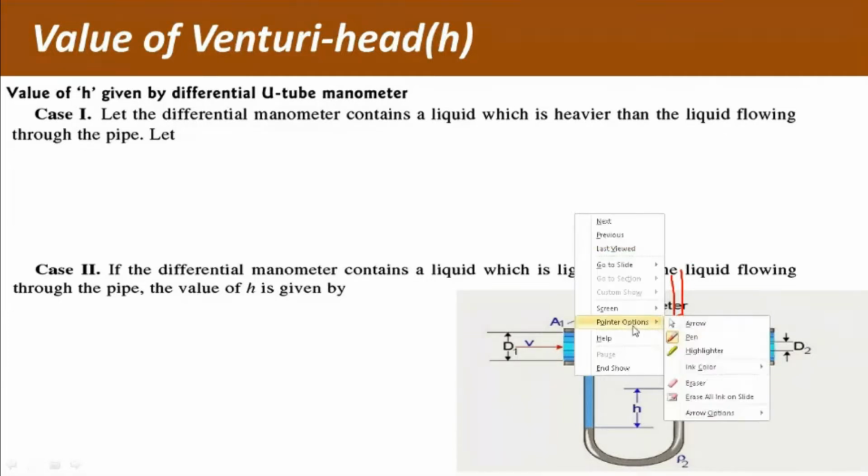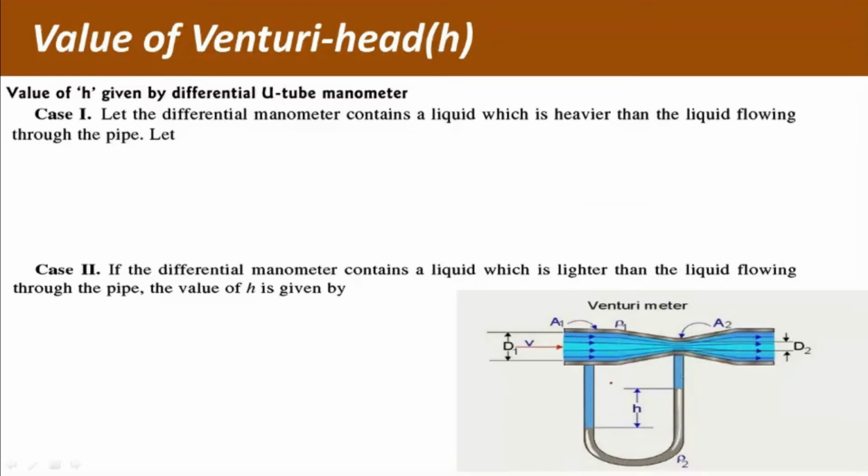Again, instead of using piezometers you can use differential manometer. We have already seen the differential manometer. It will not give you the pressure value at A or at B, but it will give us the pressure difference. If you directly want to measure the pressure difference, you can directly use a differential U-tube manometer.